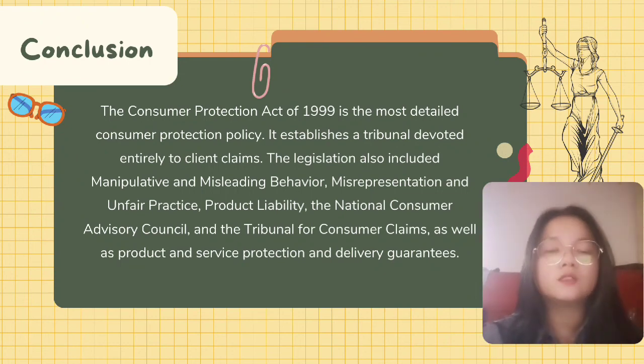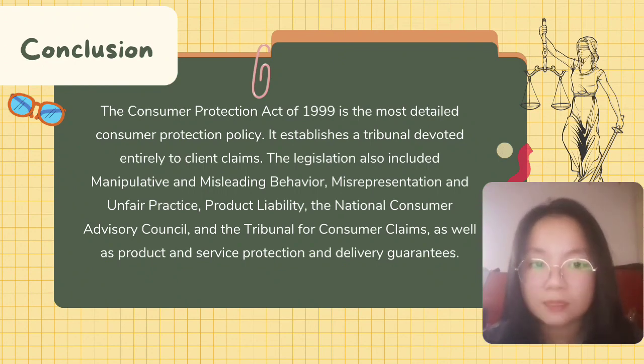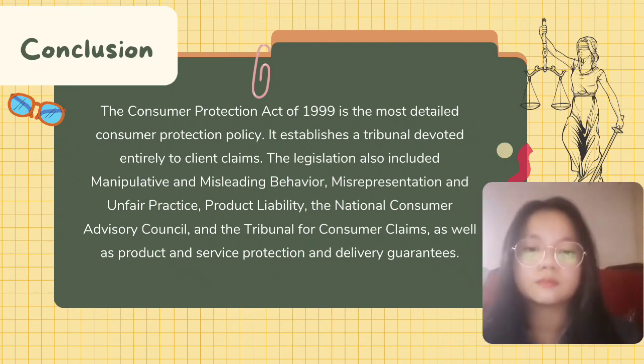The legislation also included manipulative and misleading behavior, misrepresentations and unfair practice, product liability, the National Consumer Advisory Council, and the Tribunal for Consumer Claims, as well as product and service protections and delivery guarantees.